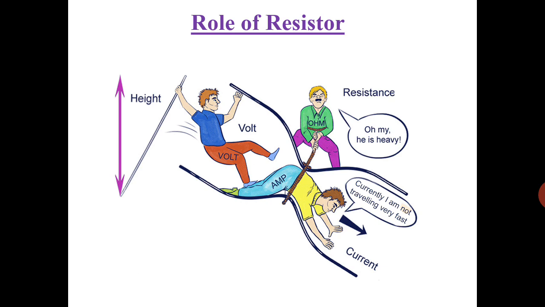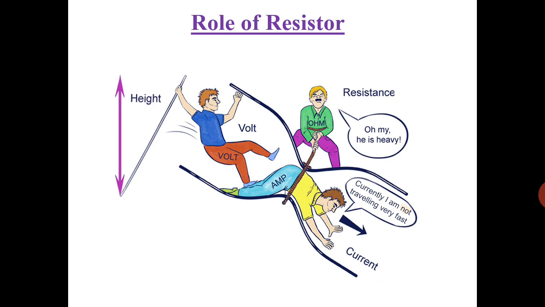There are three different persons. One is wearing a green shirt, another who is pushing is wearing a violet shirt, and the other guy who is flying is wearing a yellow shirt.